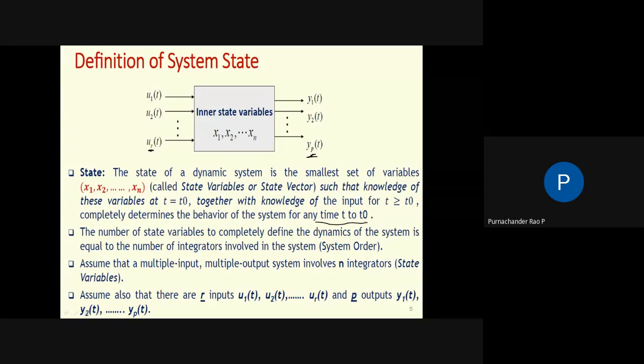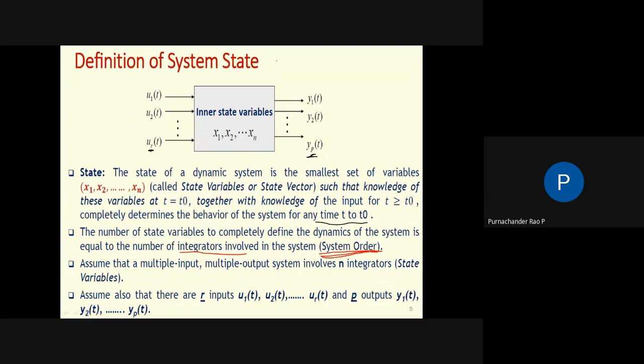How many state variables are present in a dynamical system? The number of state variables in any system is equal to the order of the system, that is, the number of integrators involved. Any system can be represented by its mathematical equations, and the order of the system decides the number of state variables.